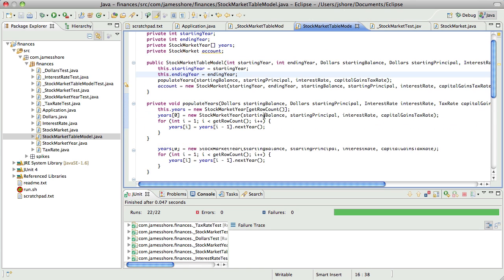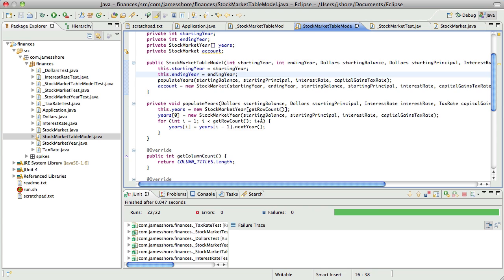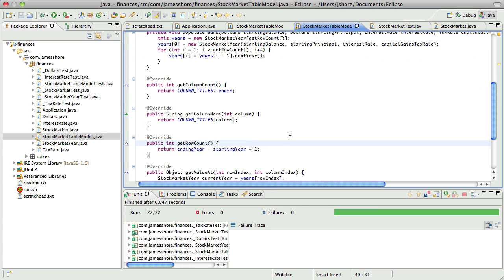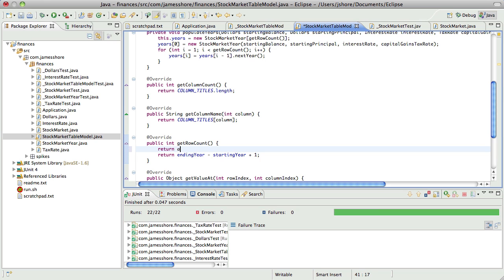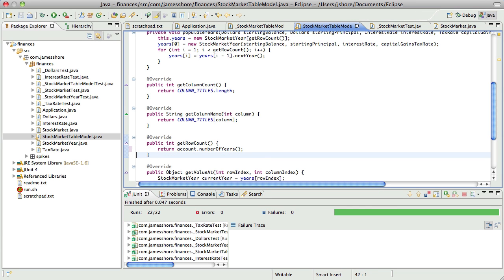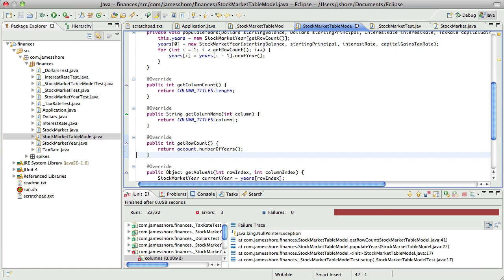Again, when I do these refactorings, I take them fairly carefully. Now I should be able to return count dot number of years. Have that still work? No. What did I do wrong?